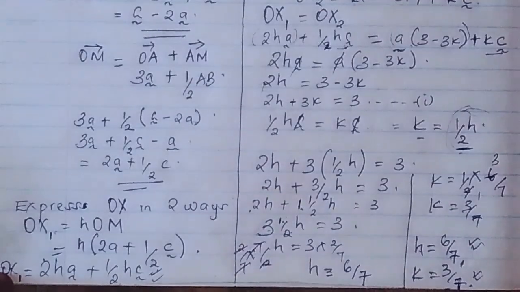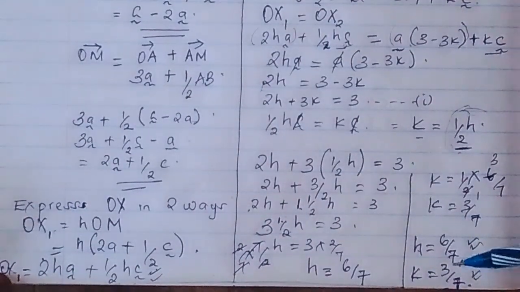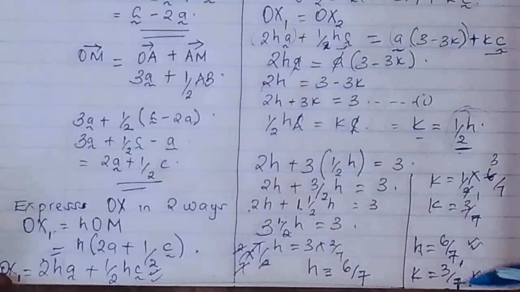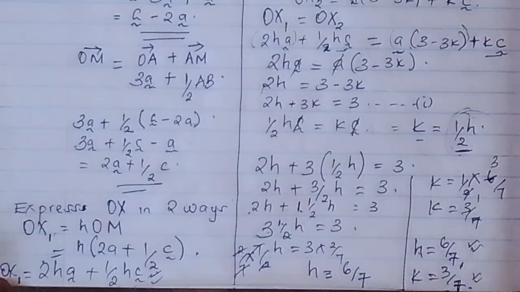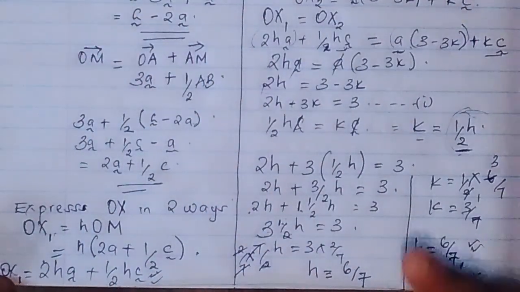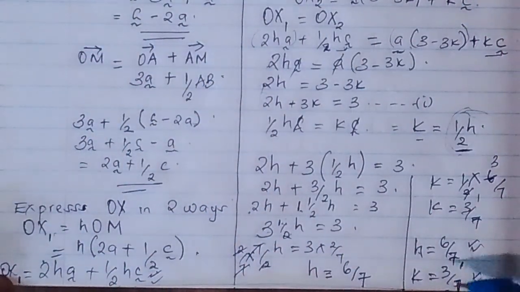And if you have the time, you can also confirm by replacing. If we replace 6 over 7 for h in one of the equations, we say 7 over 2 times 6 over 7. 7 and 7 cancel, 6 over 2 gives us 3. So it is correct. So that is how a vector question is solved, especially when you are going to express a vector in two ways.